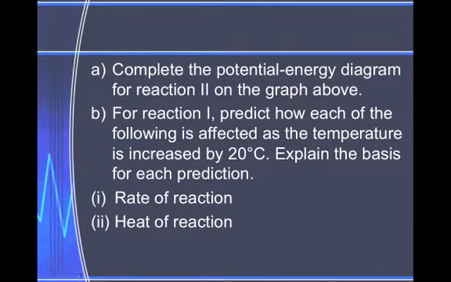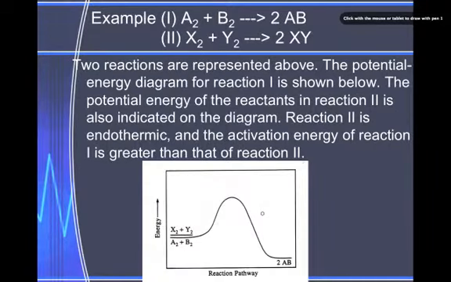Let's look at part B. For reaction 1, predict how each of the following is affected as the temperature is increased by 20 degrees Celsius. Explain the basis for each prediction. So let's use the collision theory, okay? Because that's how we explain what happens with the rates of reaction.